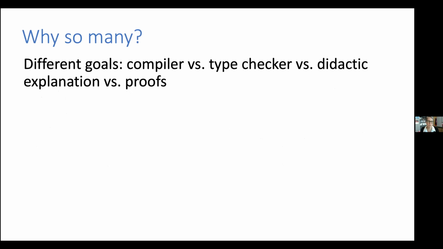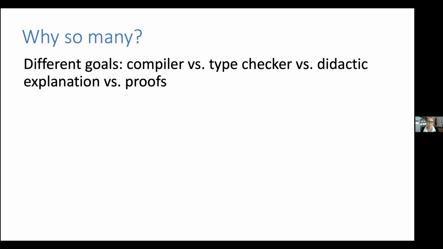You might ask at this point, why do we have so many different operations? How could we have such a wealth of approaches? Part of the reason is that people have developed all these different approaches to implementing variable binding and capture avoiding substitution because they have different reasons for the implementation.